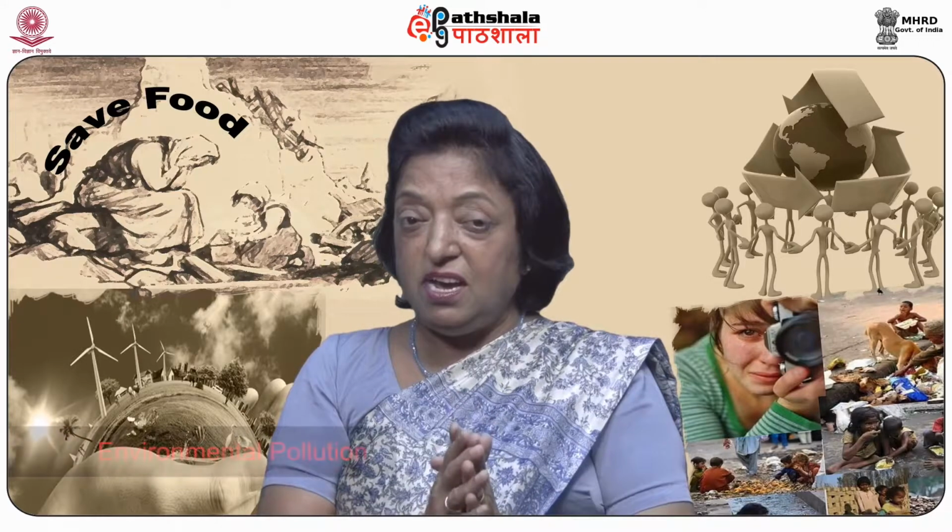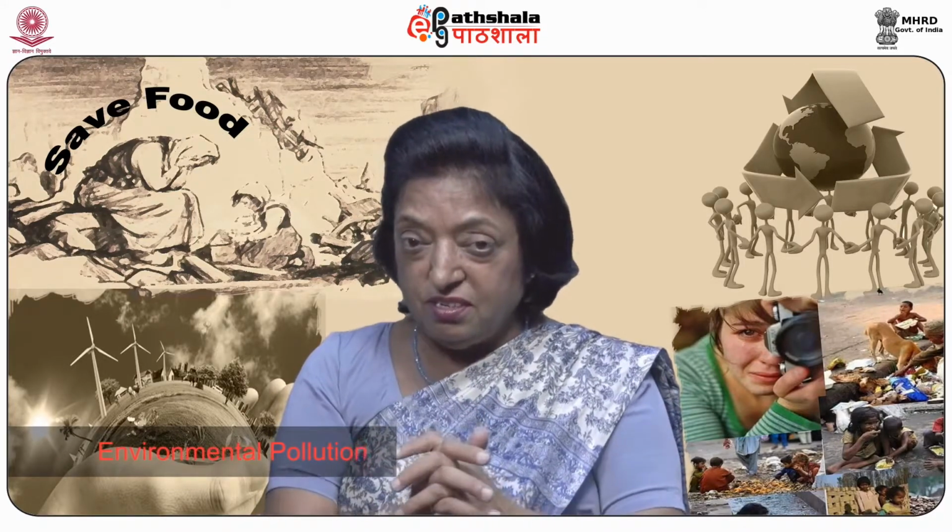Environmental pollutant, as defined by EPA, means any solid, liquid, or gaseous substance present in such concentration as may be or tend to be injurious to environment. Environmental pollution is defined as the presence in the environment of any environmental pollutant.